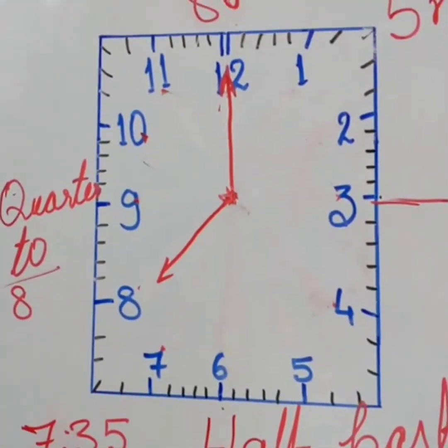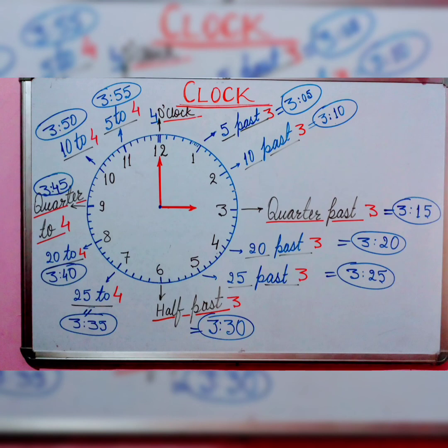Okay, now student, here you can see that in this picture the short hand is at 3 and the long hand, the minute hand, is at 12. So what is the time? It's 3 o'clock. If the long hand is at 1, the time is 5 minutes past 3. And if the long hand is at 2, the time is 10 minutes past 3.